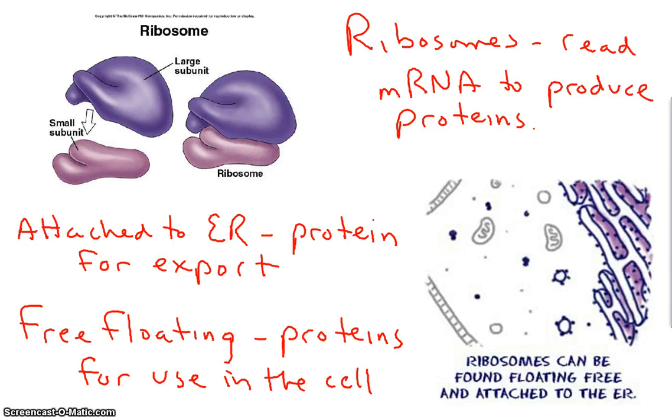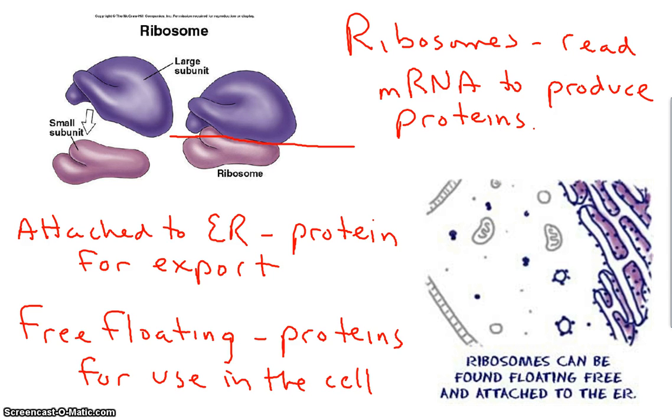Now the ribosomes, as we can see here, are made up of two subunits. There's a small subunit and a large subunit. And when we talk about protein synthesis in our next unit, we'll get into more specifics. But they will click on to each other, and mRNA would feed right through the middle of this to be read to make that protein. So the ribosomes read the mRNA to produce proteins.